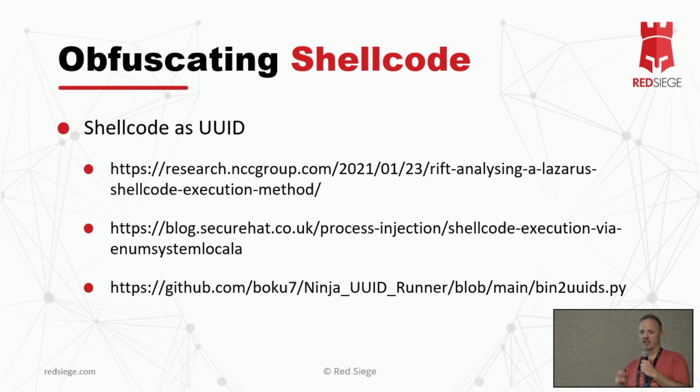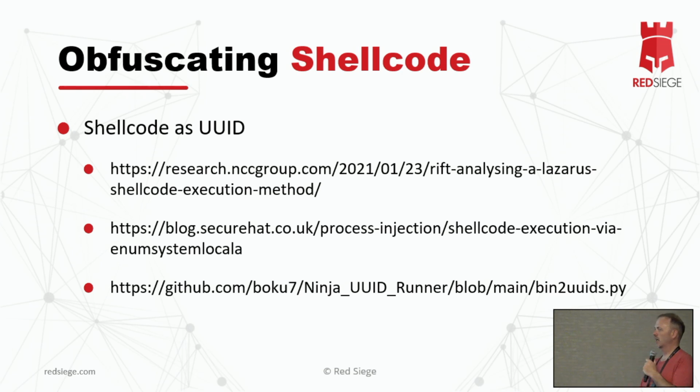So these UUIDs have a specific structure, and they're a certain pattern of bytes. Turns out, formatting your shellcode to make it look like a UUID, which is simply a matter of making them however many characters long and putting hyphens in the right place, is enough for EDRs to be like, seems legit.